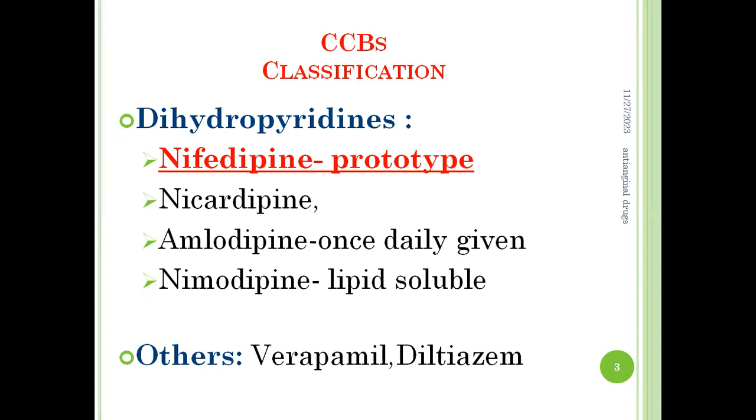Amlodipine is the most commonly used agent and is given once daily. Nimodipine is a lipid-soluble agent, so it can cross the blood-brain barrier. Other agents include verapamil and diltiazem.